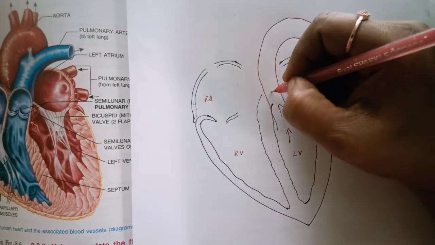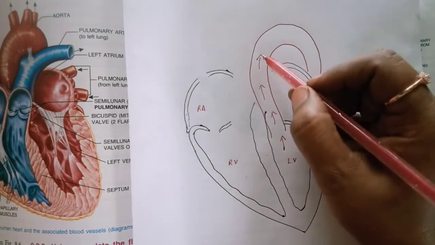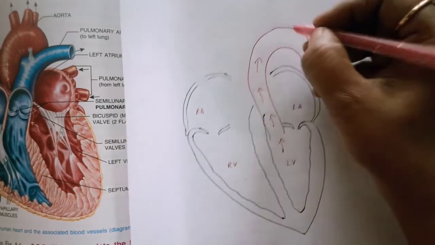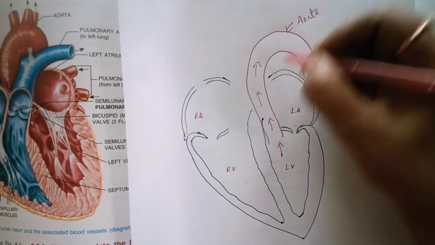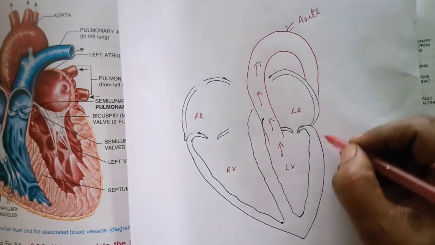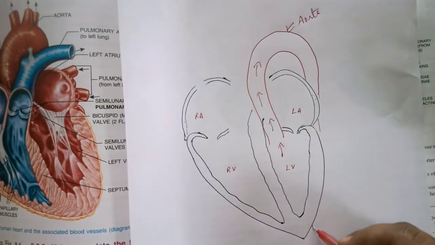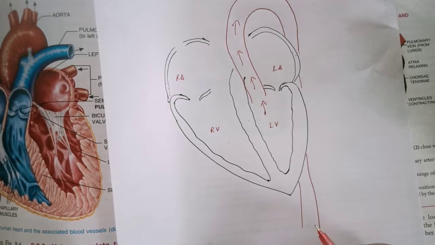From the left ventricle, it is moving out like this, and as we can see here at this junction, this aorta, let me name it, this is known as aorta. This takes a U-turn like this, and it bends downwards, and it moves in the downward direction like this, going to the lowest part of the body, supplying oxygenated blood to the different parts of the body.